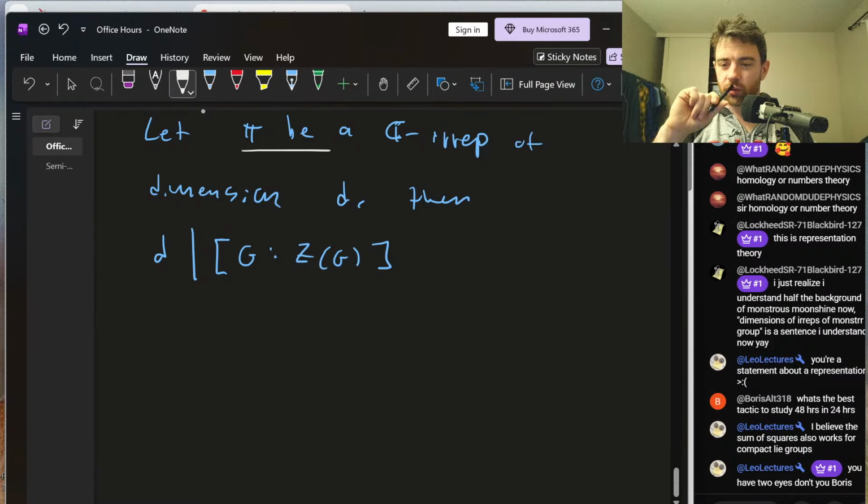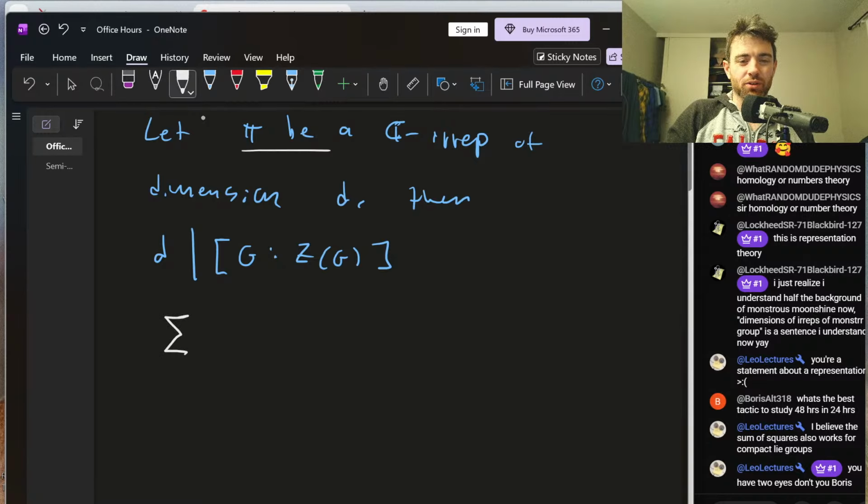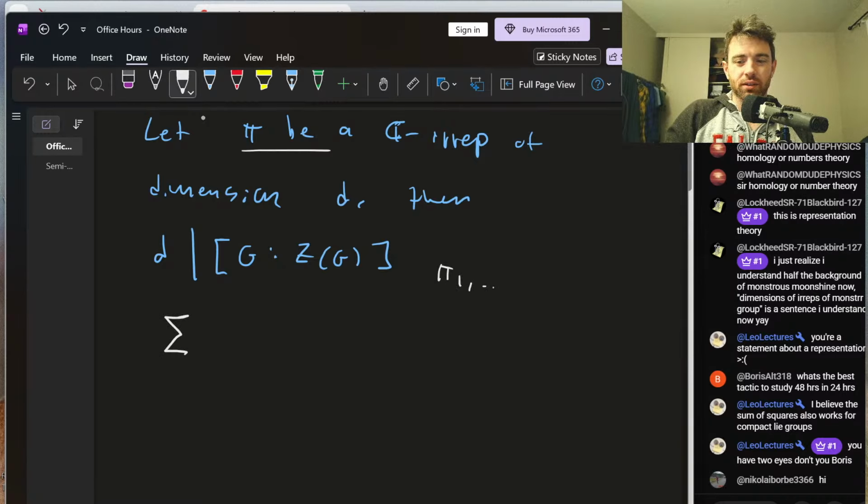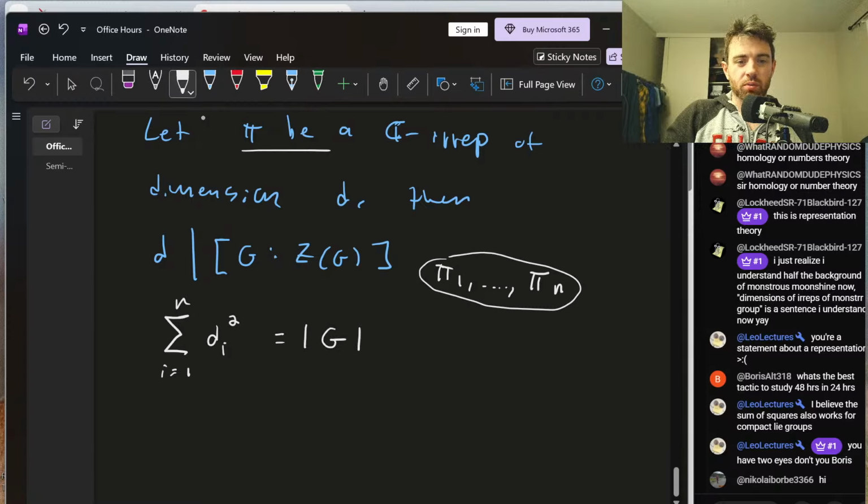You believe the sum of squares also works for compact Lie groups. I believe that works as well. So in other words, if pi 1 up to pi n denotes all of the irreducible representations of some group G, and the d_i are their respective dimensions, then we know that the sum of squares is equal to the order of the group.